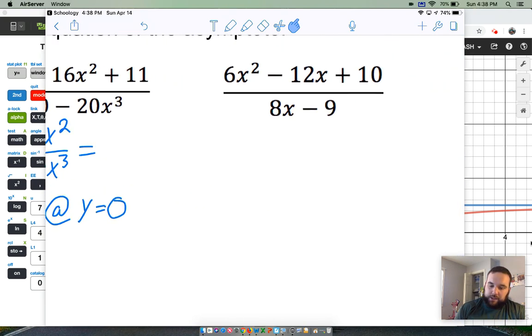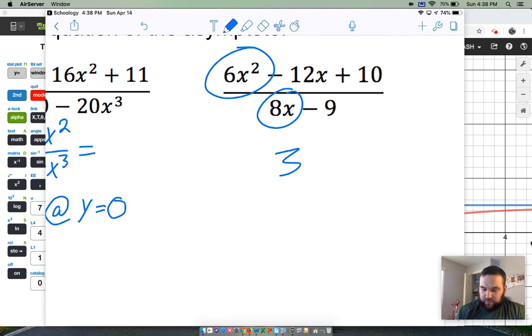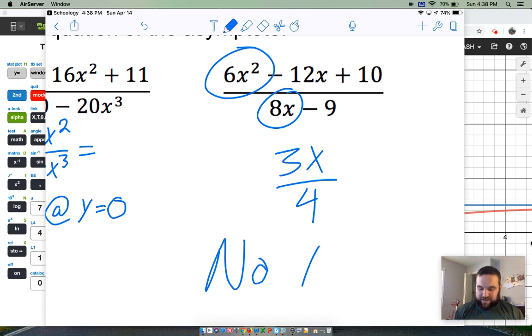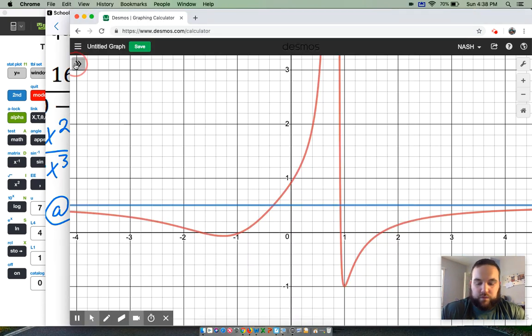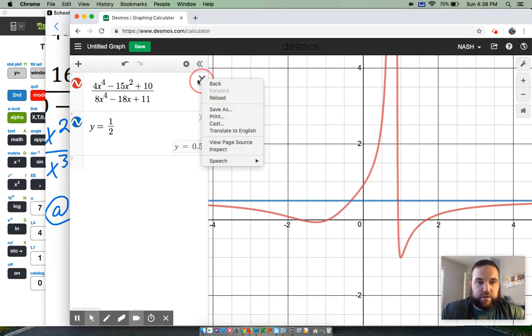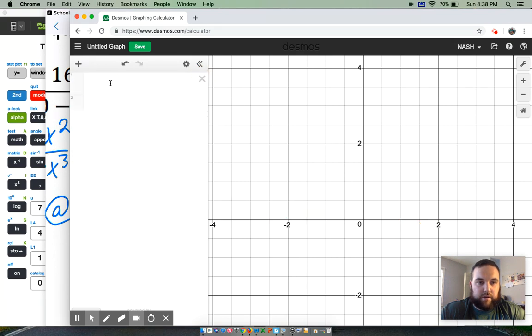And then this last one, 6x squared, was my largest term over 8x. That reduced to 3x over 4. Because the bigger power was on top, we don't have a horizontal asymptote for this graph. I'm just going to throw this one into Desmos so we can see that there is indeed no horizontal asymptote.